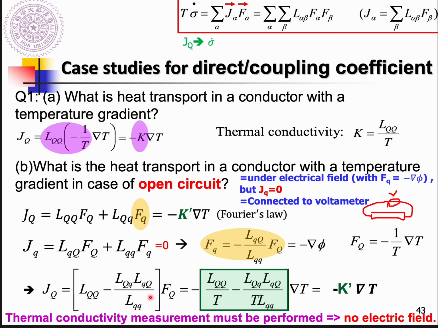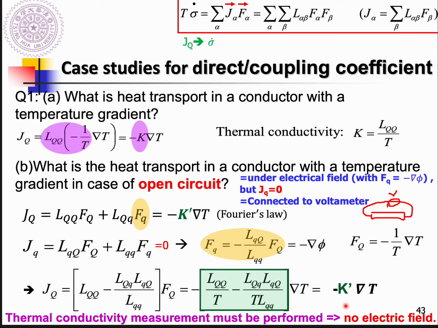Why? How do you get the thermal conductivity? You will perform the same idea that you performed on A, right? You will measure the heat flux divided by minus temperature gradient, then you get the value, and you probably will think that is the thermal conductivity of your materials.